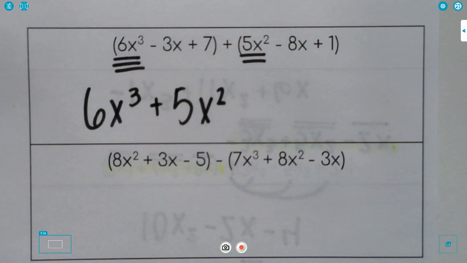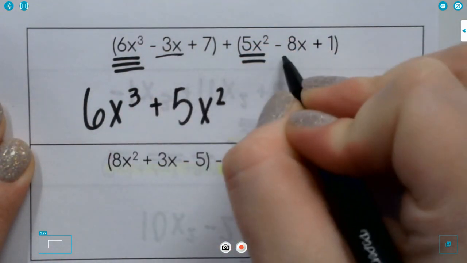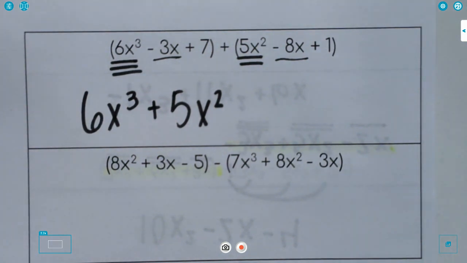Then we can combine the negative 3x and the negative 8x. Negative 3 plus negative 8 is negative 11.